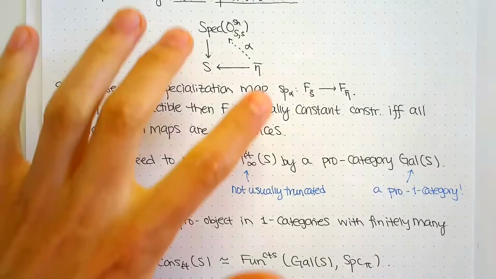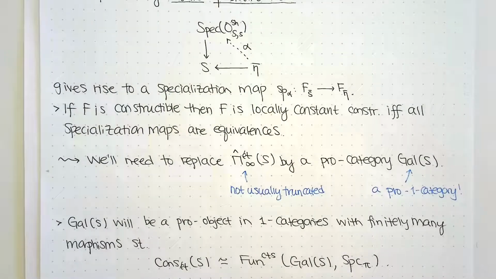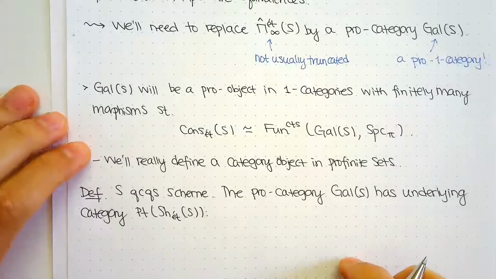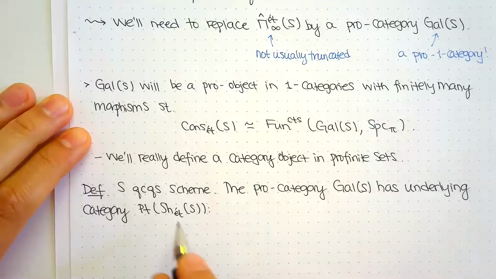This is why I wanted to bring this up; it suggests what you might try to do. So Grothendieck computed what this is.